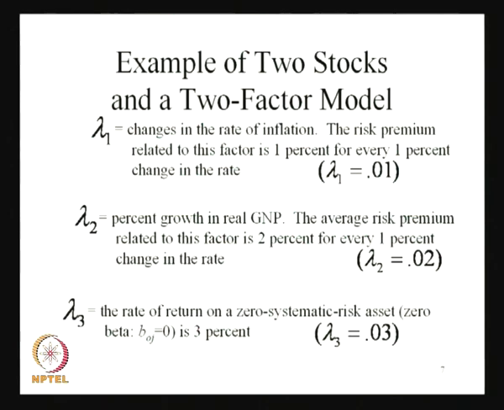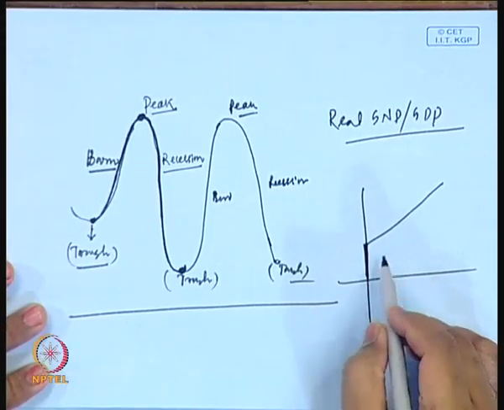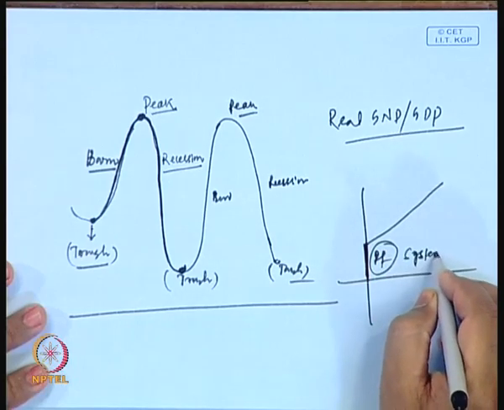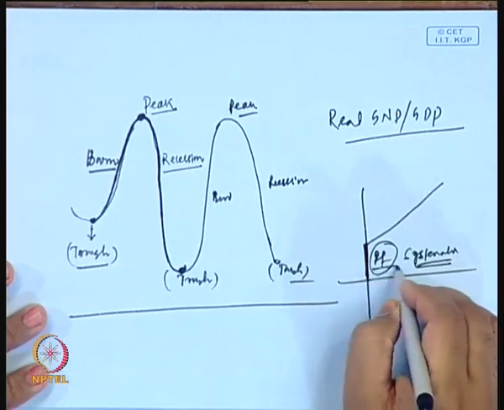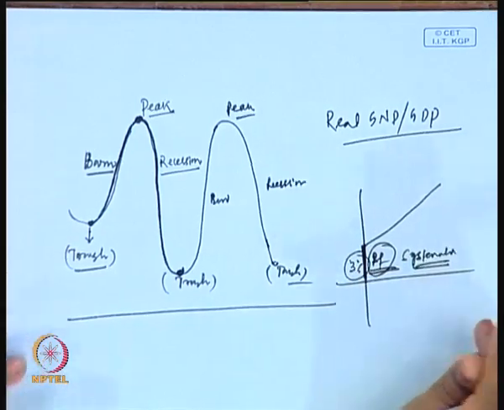The rate of return on a zero systematic risk asset, that means zero beta, is 3%, that is, without any kind of factor, there is no risk involved, like the RF. So, let this be 3%.